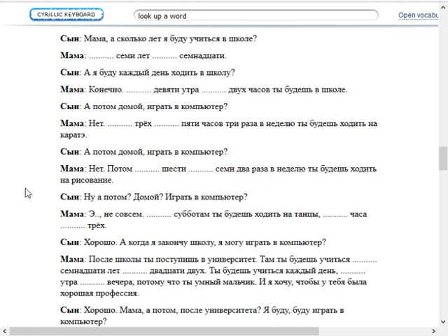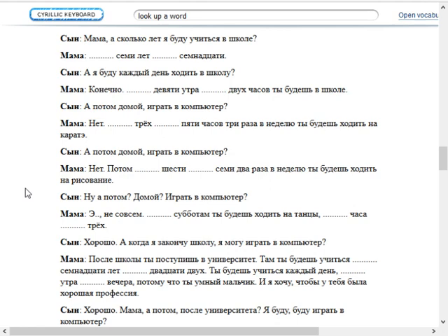А потом домой играть в компьютер? Нет, потом с 6 до 7 2 раза в неделю ты будешь ходить на рисование. Ну а потом домой играть в компьютер? Не совсем. По субботам ты будешь ходить на танцы с 1 до 3. Хорошо. А когда я закончу школу, я могу играть в компьютер?